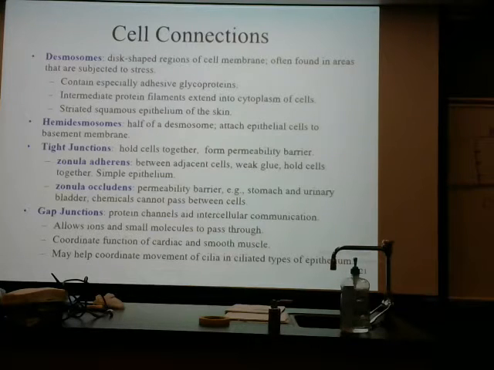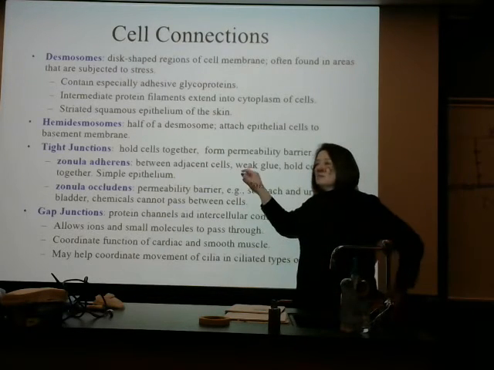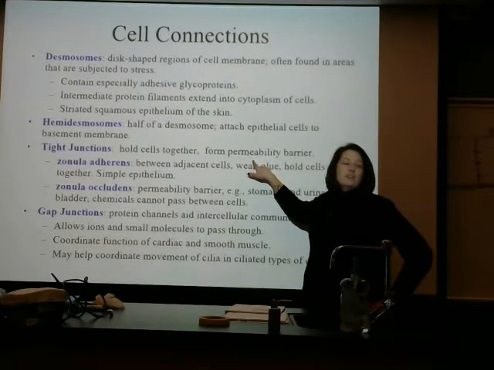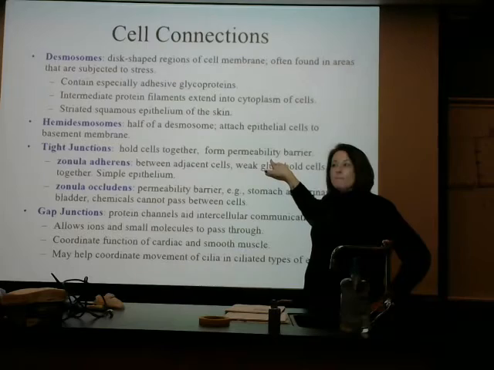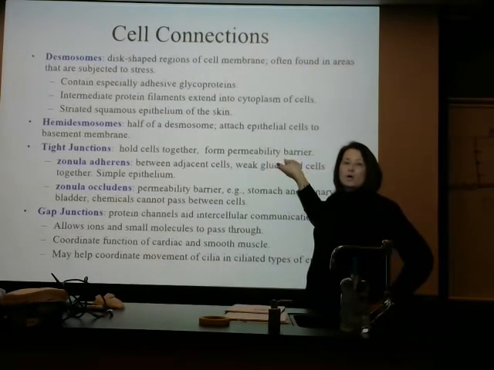So the desmosomes, looking like the little projections, we can have them one cell to one cell, anchoring them together. We can have a half a desmosome sticking into the basement membrane, helping to hold the cells down. The tight junctions, their job, look at what one of these things it can do. Makes it, or affects, I should say, permeability.